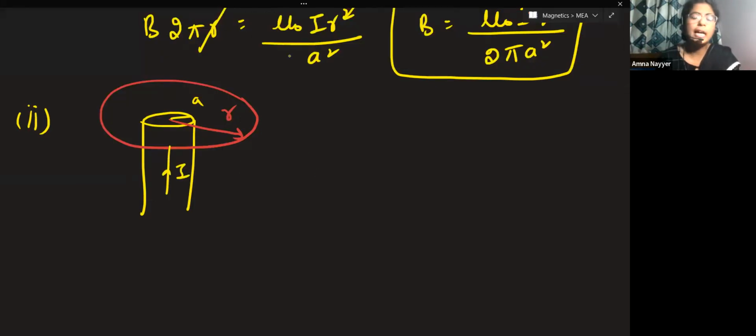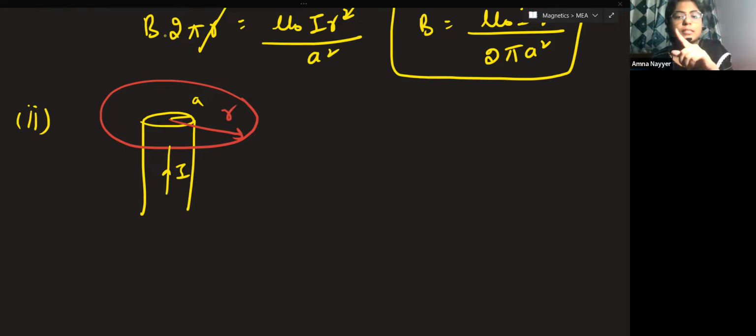Now can anyone calculate and tell what will be I enclosed? All of you calculate and tell me what will be I enclosed right now. Before writing down anything, just calculate in rough and tell me what will be I enclosed for the second part, region outside.